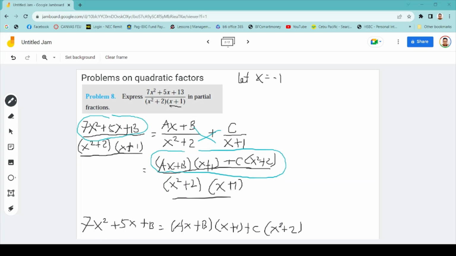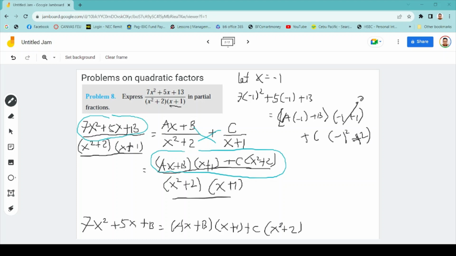When x is equal to negative 1, x plus 1 becomes 0. We substitute it here: 7 times negative 1 squared, plus 5 times negative 1, plus 13, equals a times negative 1 plus b, times negative 1 plus 1. Obviously this one becomes 0, and then we continue with c times negative 1 squared plus 2.